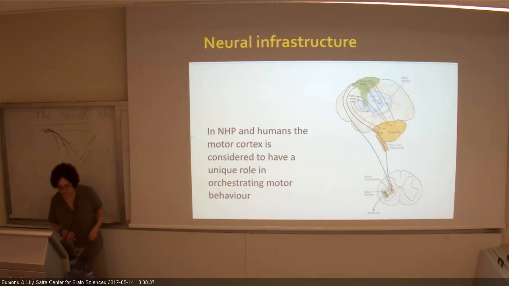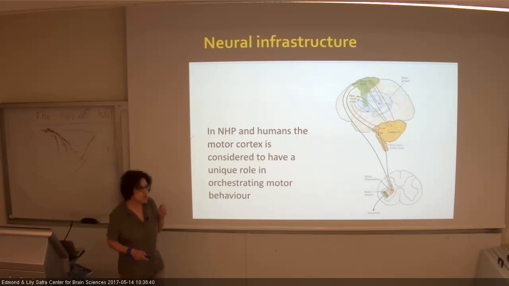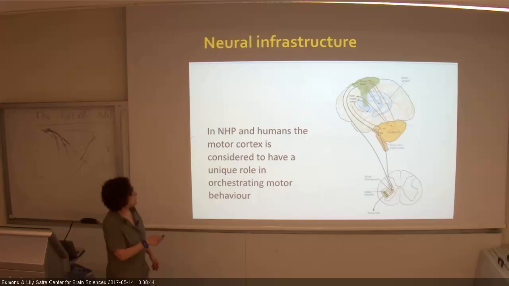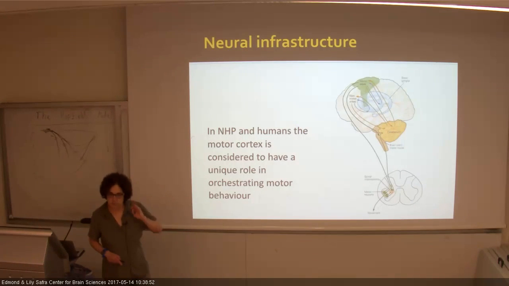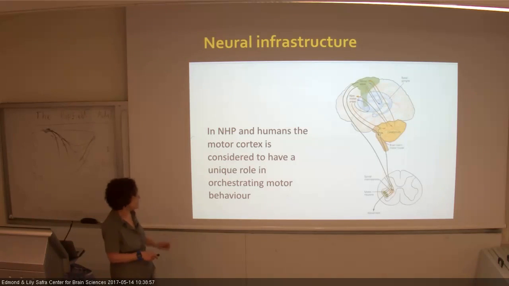act in coordination, and in most of the studies, at least in non-human primates and humans, the motor cortex is considered to be specifically important for performing voluntary movements and orchestrating motor behavior.